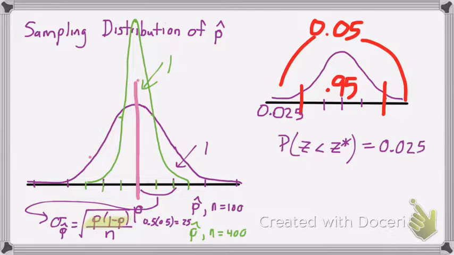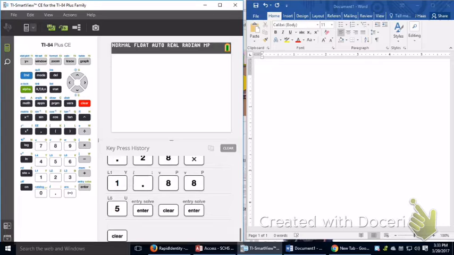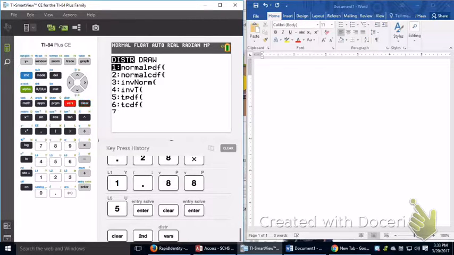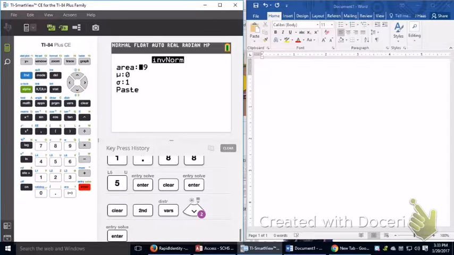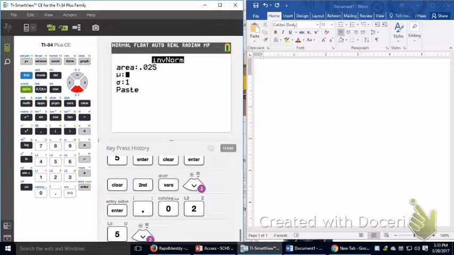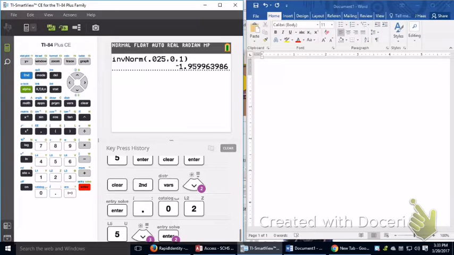To get that answer, I'm going to reach for the calculator. On the calculator, I'm going to do second distribution, inverse normal of 0.025, and paste, and that gives me negative 1.96.